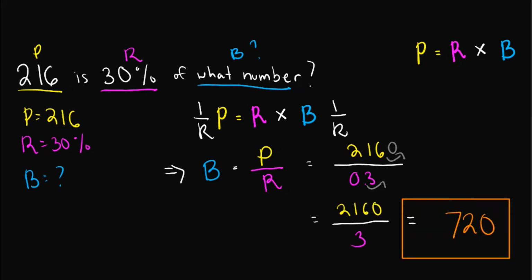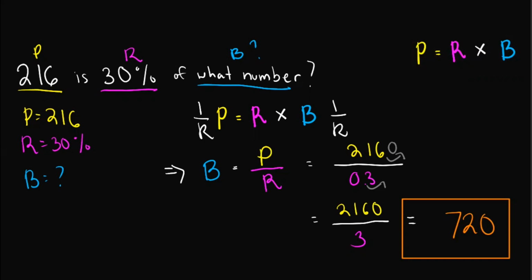So that is how we compute for percentages as well as rates or bases if these are missing. So again, the key formula is this one. The P equals R times B. Then depending on what you need, you can manipulate this one.